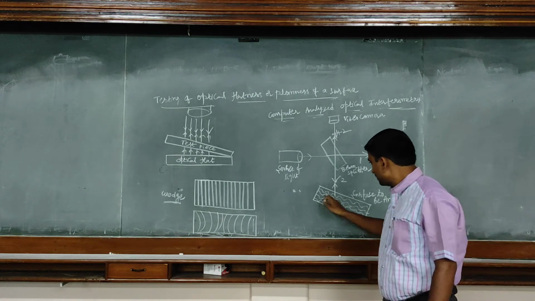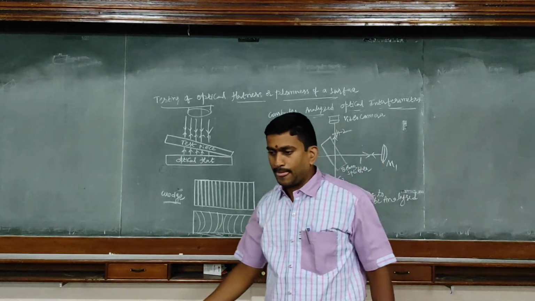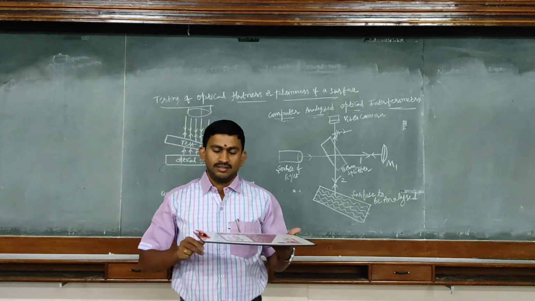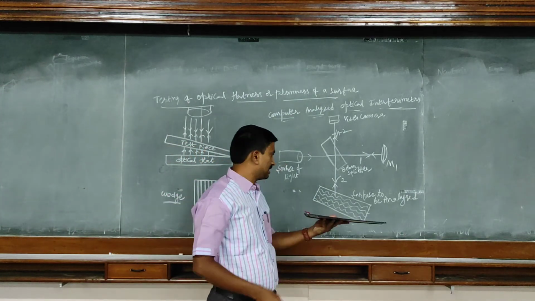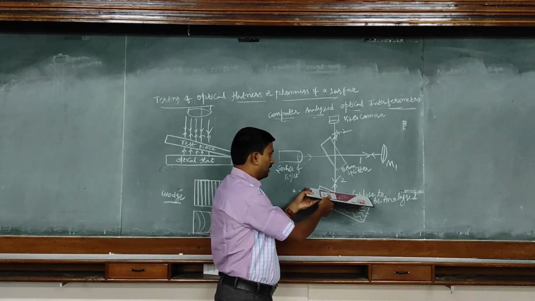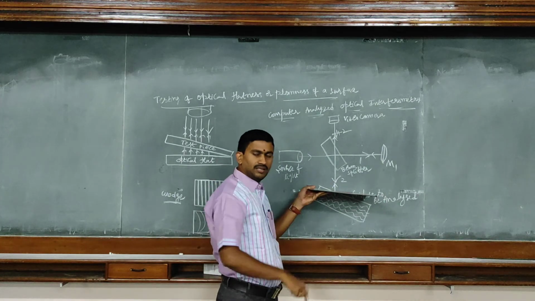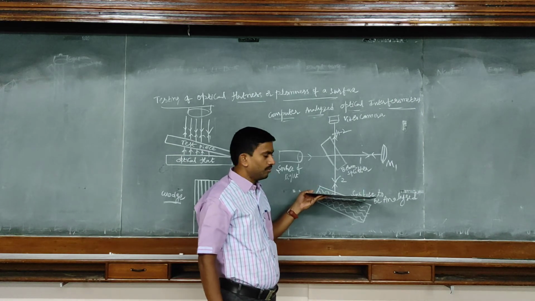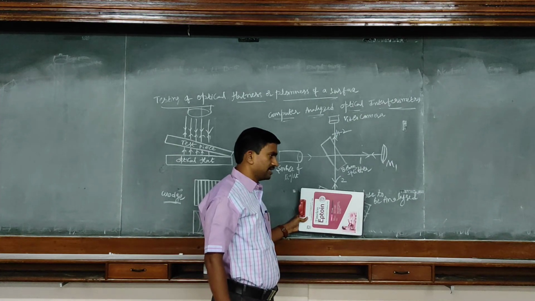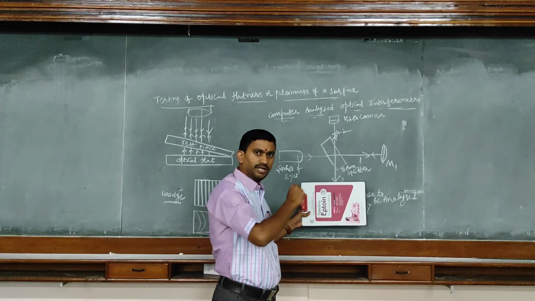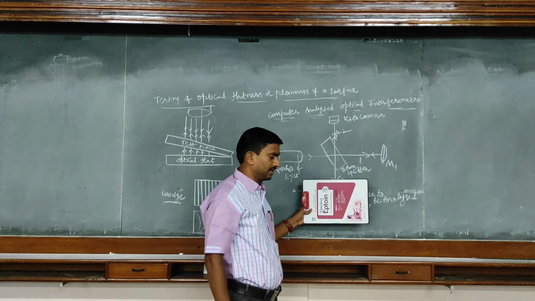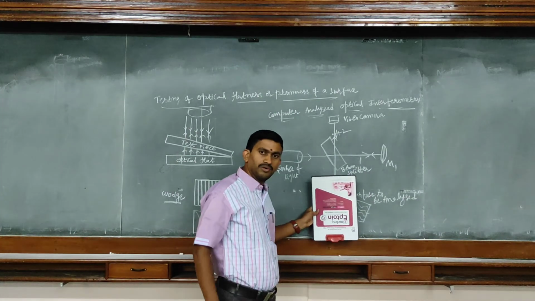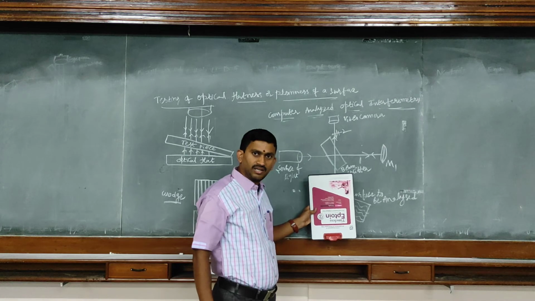Now, for example, this is the surface I would like to test. I kept the surface like this, and the light from this surface is recorded in the video camera. Now in the vertical mode I tested this surface, and a second video recording is recorded. Then a third recording is recorded.